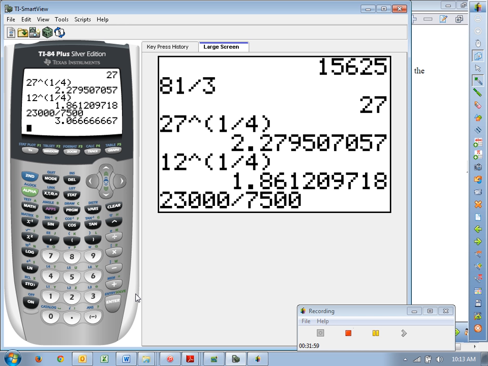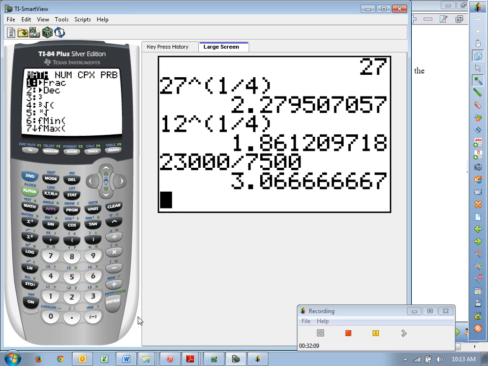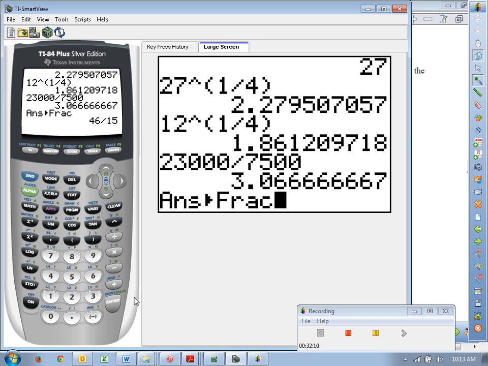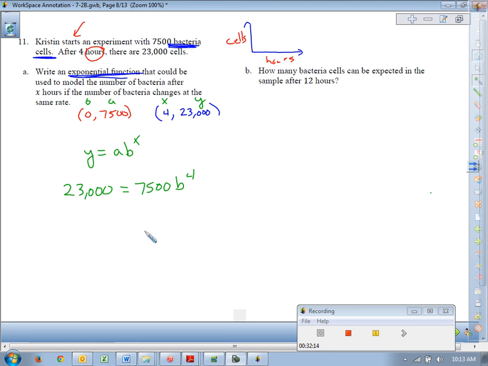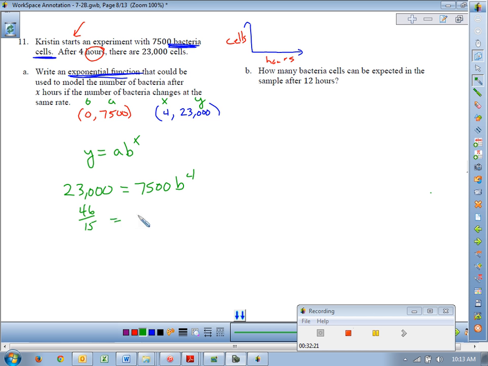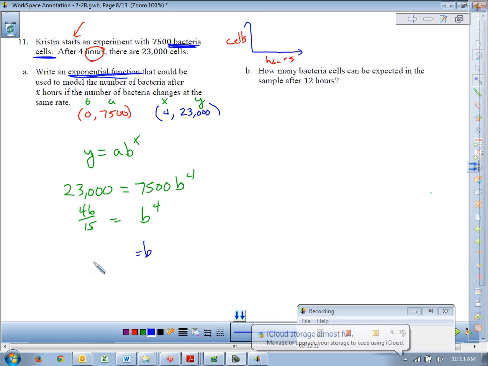I'd like to keep that a fraction, please. How could I turn that into a fraction very easily after punching that in my calculator? Math, enter. There it is, 46/15. Cool. So 46/15 equals b to the 4th. Ruby? Now what do you do? 4th root, so b equals the 4th root of 46/15, or the negative version of it.